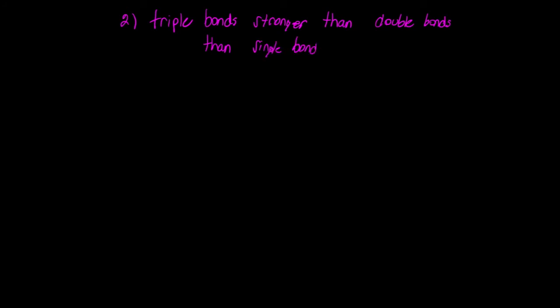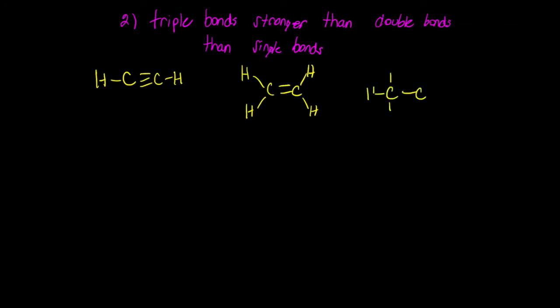Now it's kind of hard to find an element that forms all of these types, but let's just use acetylene, ethylene, and ethane. So here are the Lewis structures of these organic molecules comprised of hydrogen and carbon.